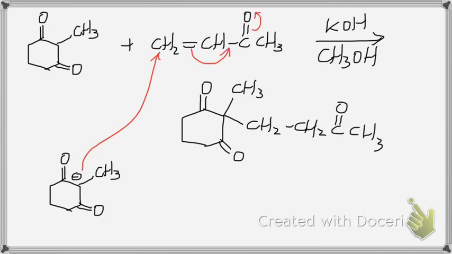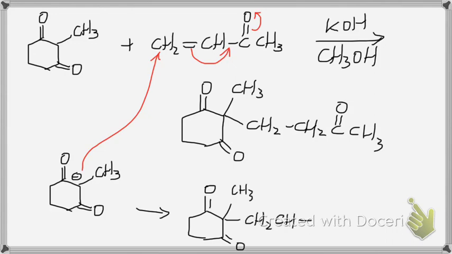And this enolate will attack the beta carbon of the alpha-beta unsaturated carbonyl. A new carbon-carbon bond is formed here. And the enol formed will tautomerize to the ketone, the final product. All right.